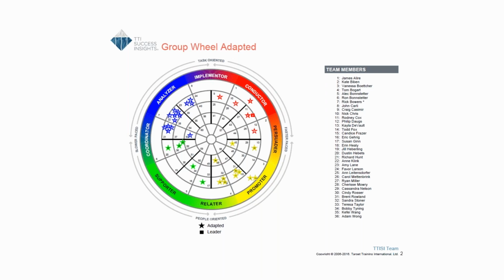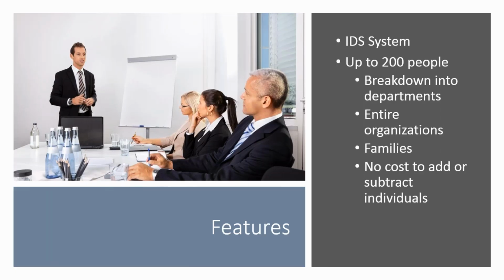And so let's talk about the features of the team report. This can be generated off your IDS system. We can do it for you, or you can do it yourself. There's a charge to generate this report. And like I said, you can add up to 200 people.